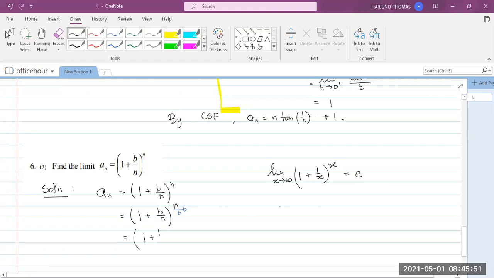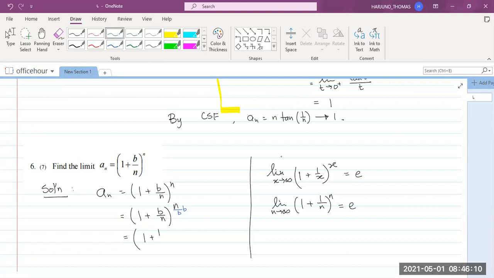So we know that 1 plus 1 over n to the n, by continuous superposition function, is also equal to e. What I write on the right-hand side is background. My plan is to change this n into n over b, so I make it 1 plus 1 over n over b, to the n over b, to the power of b.